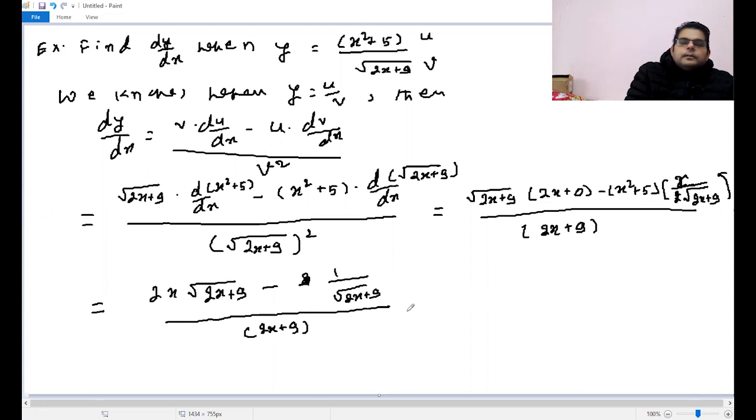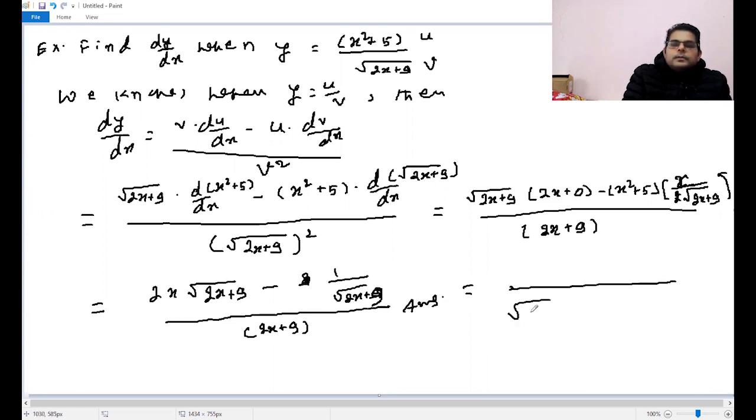You can say this is the answer, but if you would like to go even further by solving it, if you can handle algebra properly, you will have a result like this. It is 2x plus 9 over here. So 2x plus 9, 2x plus 9 got multiplied together. So it is 2x already here.